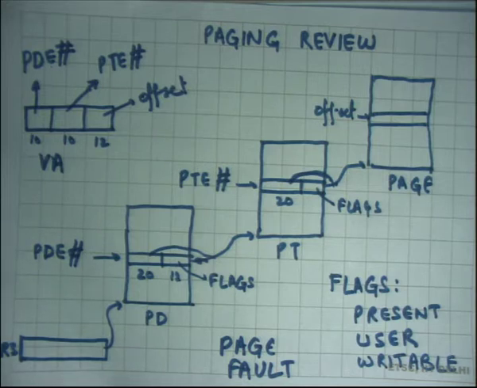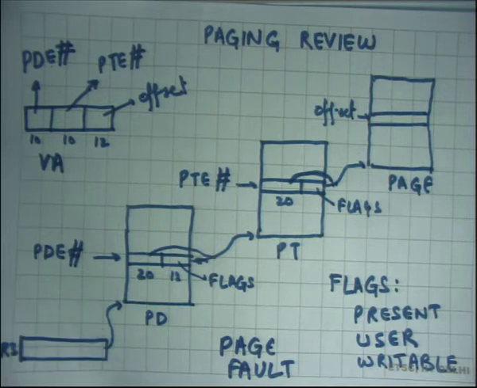In segmentation we saw that such a problem was solved by ensuring that when a segment descriptor gets loaded, it gets cached into the chip. So you don't need to access memory to get the base value each time; the base value is just cached on chip.